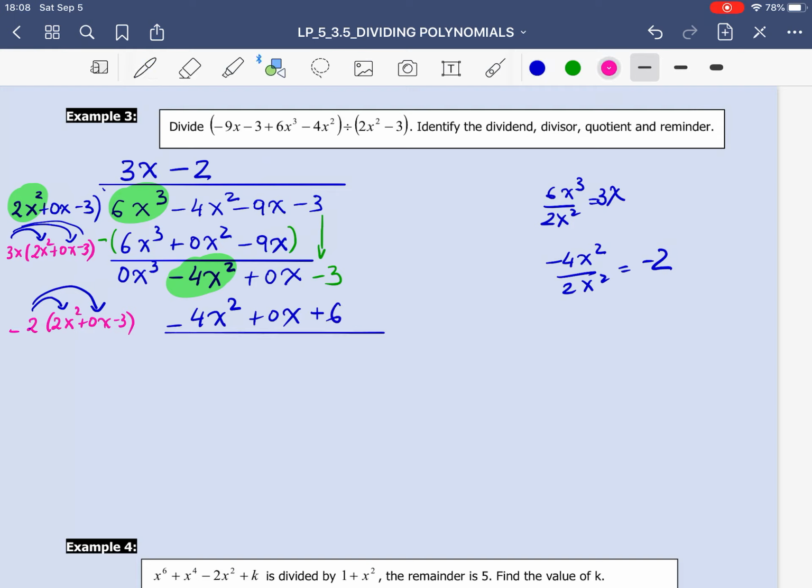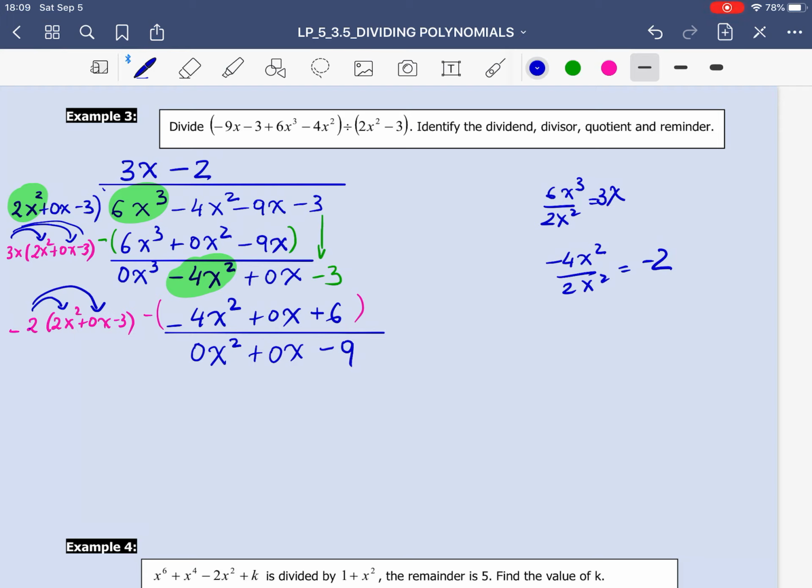Draw the line. Subtract. And we have negative 4x squared minus negative 4x squared, 0x squared. Notice how the first term in a subtraction always ends up being 0, because it works that way. 0x minus 0x is 0x. And negative 3 minus 6 is negative 9.